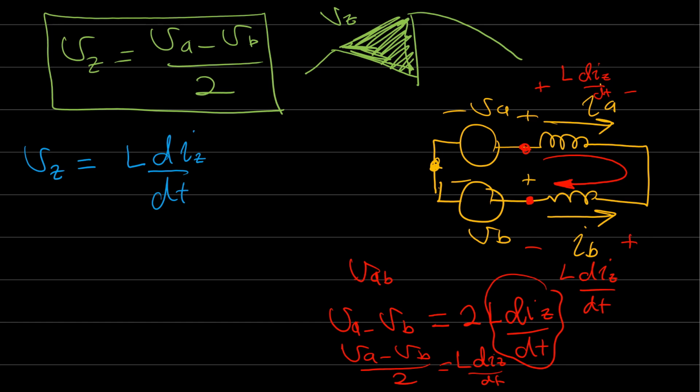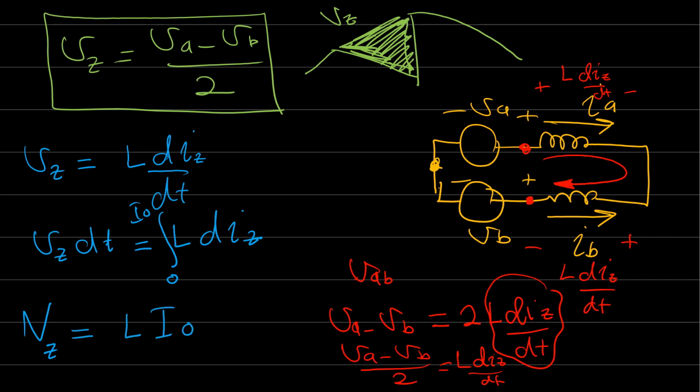Now VZ times dt is equal to L dIz. Take the integration for this, from 0 to I out. So the output voltage here at the end is equal to L times I out. And this is the value of the small portion here.